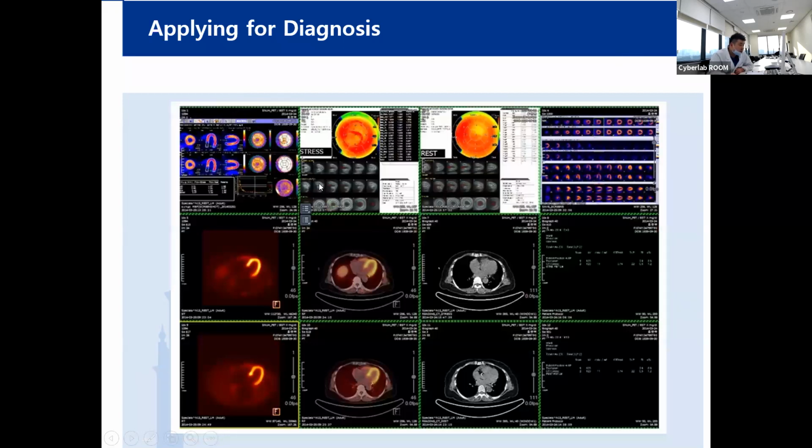These images are actually taken from a patient who has cardiac disease. This image is N13 images. You can see the myocardial images, fused images, and mapping images. Mapping images, we are calculating the uptake as a number.